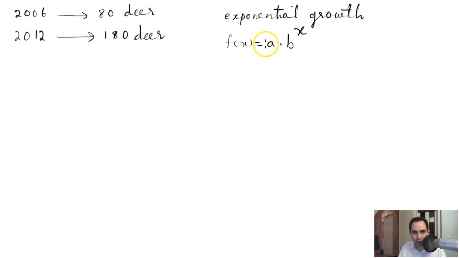So you know that your a is the initial value. I can take 80 as my initial value because that's when the population was first introduced into this wildlife refuge.